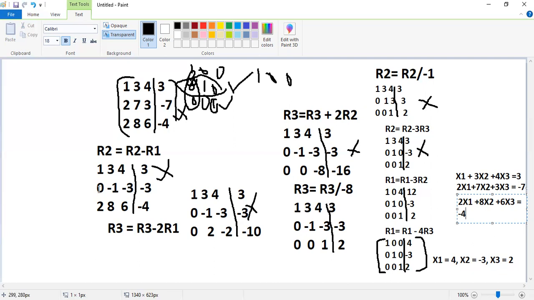It means this 0 will change to 1 again. It means we are going to start all over. But because when we change to 0, if I want to make any change on row 2, because this is already 0, making a change here will not affect the 0.